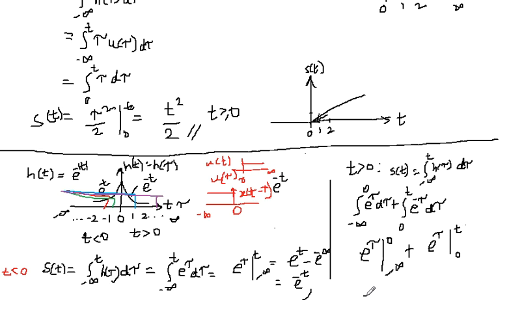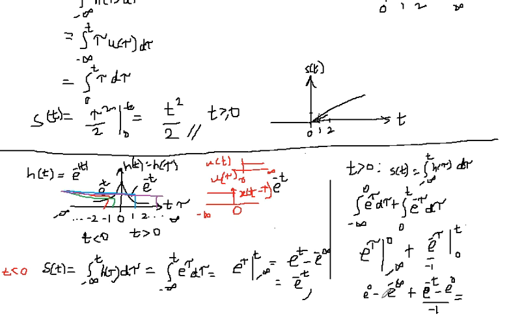Now we get e raised to 0 after solving the first, minus e raised to minus infinity, plus e raised to minus t divided by minus 1, minus e raised to 0 divided by minus 1.